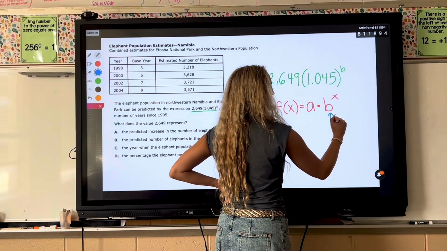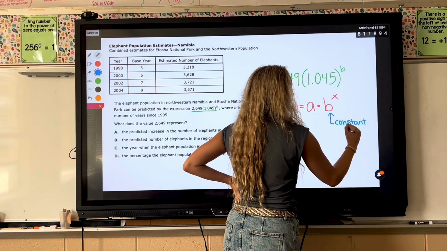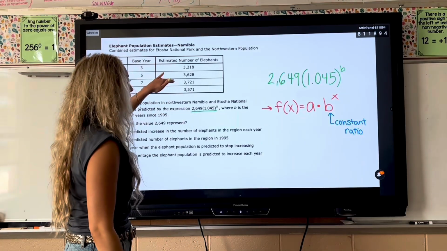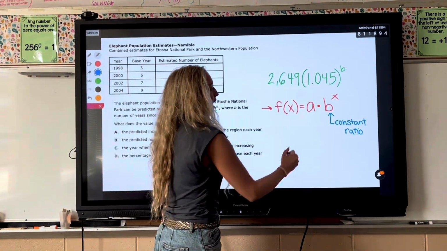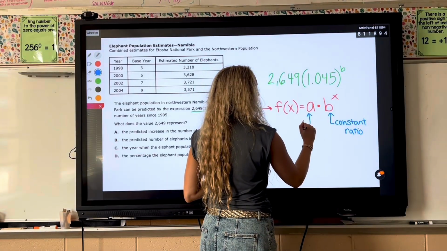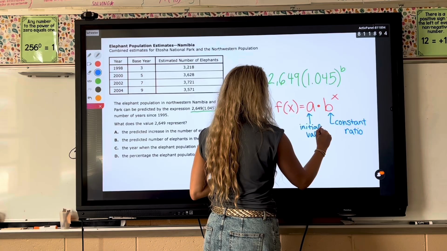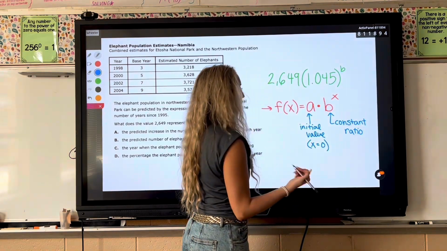B stands for our constant ratio. So B is the amount that every single time we are increasing by through multiplication. And A stands for our initial value. Our initial value is basically when x is equal to 0.